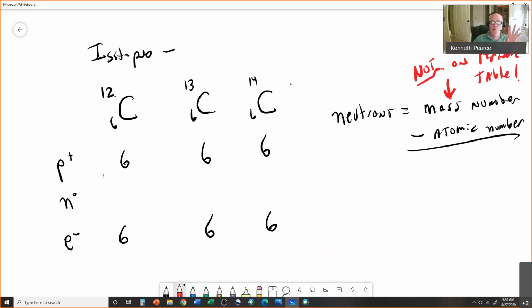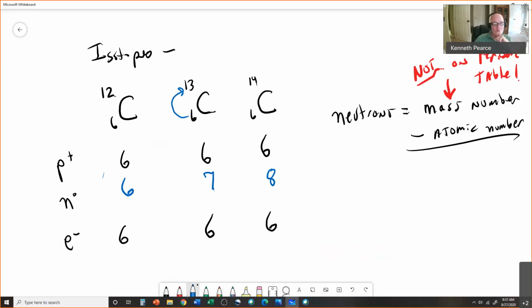You're counting up protons and neutrons to get your mass number. So if I know the mass number is 12 on carbon-12, then the number of neutrons would be 6 from 12, and that gives me 6. And for carbon-13, 6 from 13 is what? That is 7 neutrons. And for carbon-14, 6 from 14 gives me 8 neutrons. So if you just take the difference between the two, you can fill out this table here.